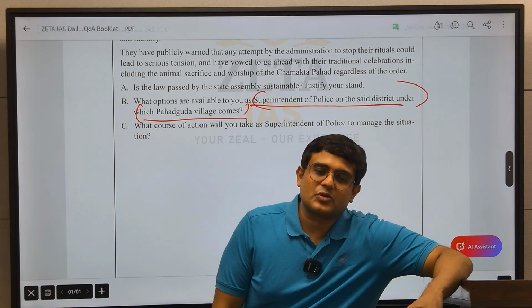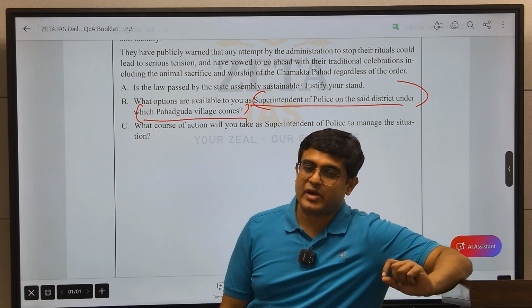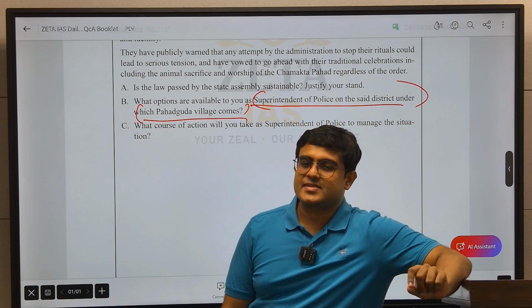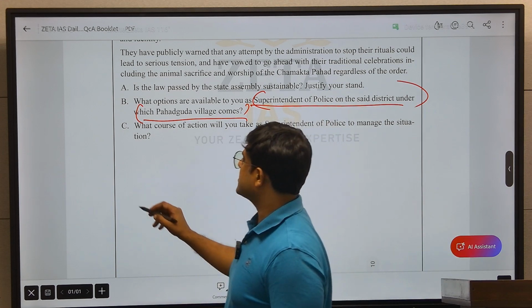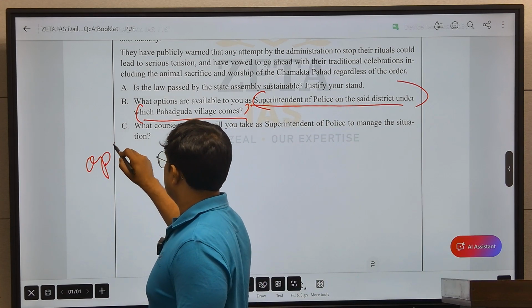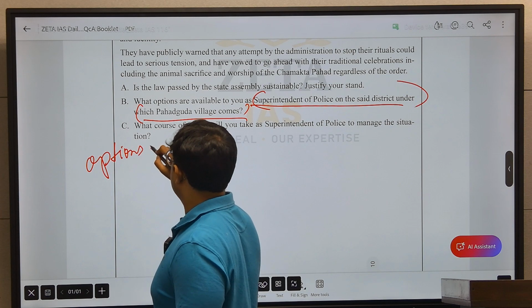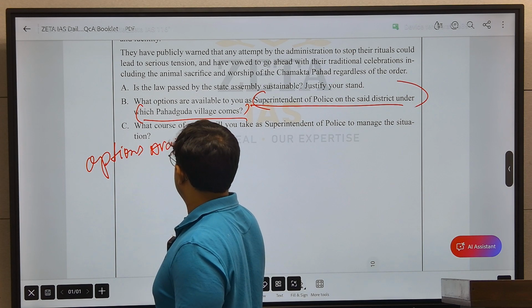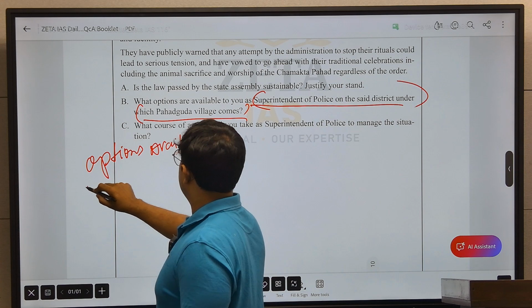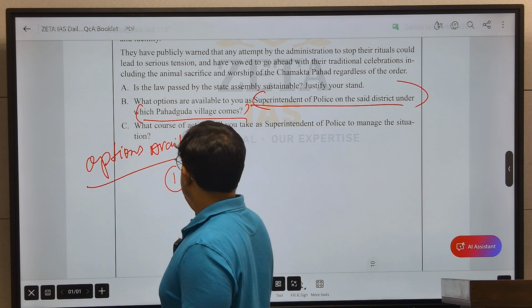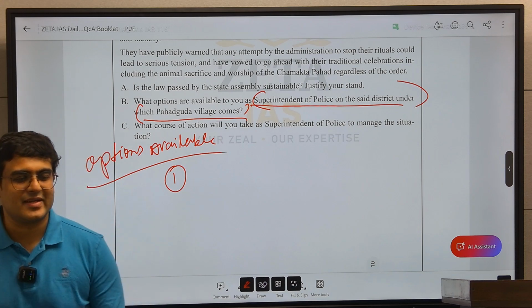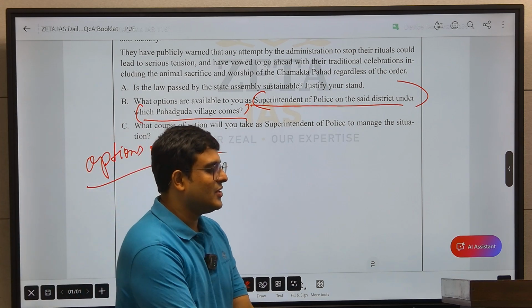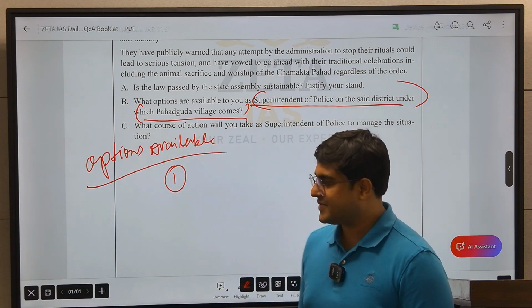Here too, the question doesn't ask you to evaluate the options. It says what are the options available. So write the options available. Yes, those obvious negative options at the end. Okay, that you will arrest, etc. That at the end.